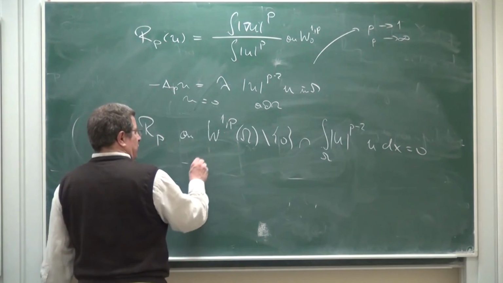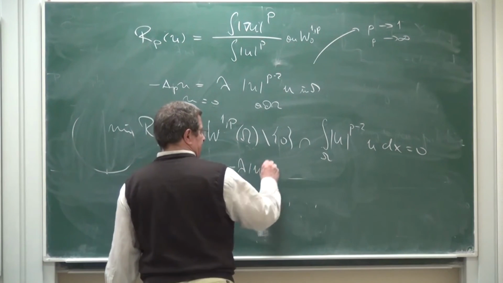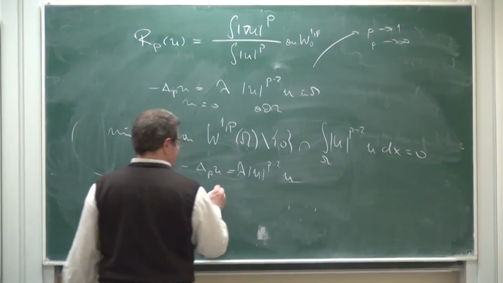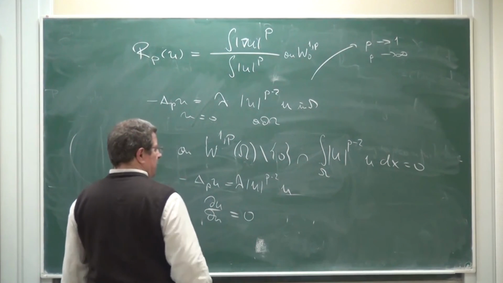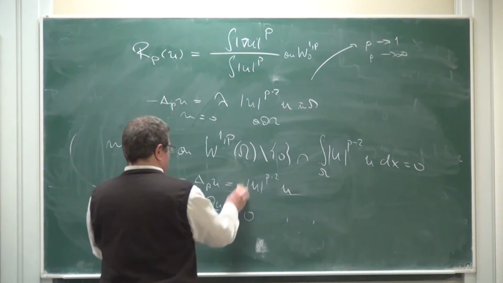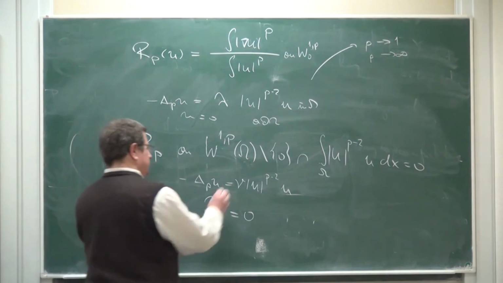And then you get the same equation, but now with Neumann boundary conditions. Let me call this nu here, Neumann eigenvalue, or mu.